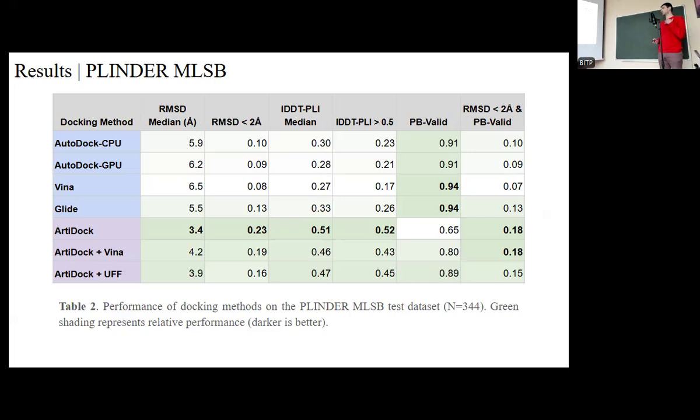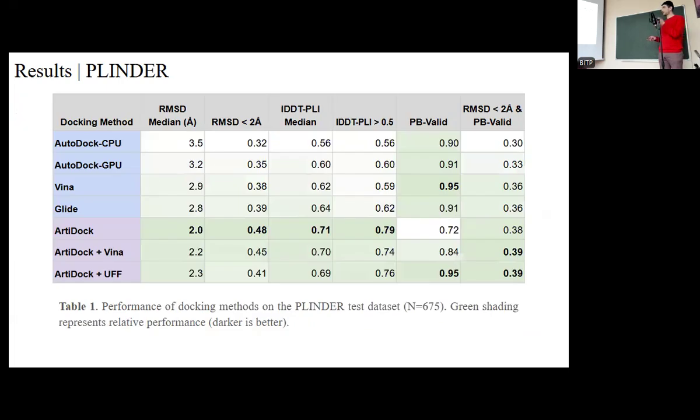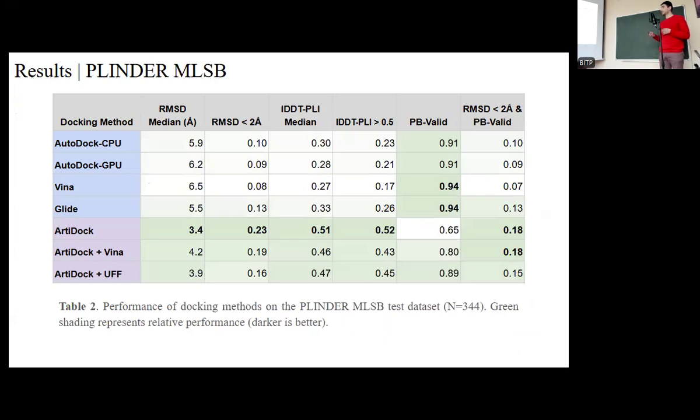So pocket structure is suboptimal for ligand binding. And you can see that compared to the redocking scenario, accuracy of all the tools we compare dropped significantly.